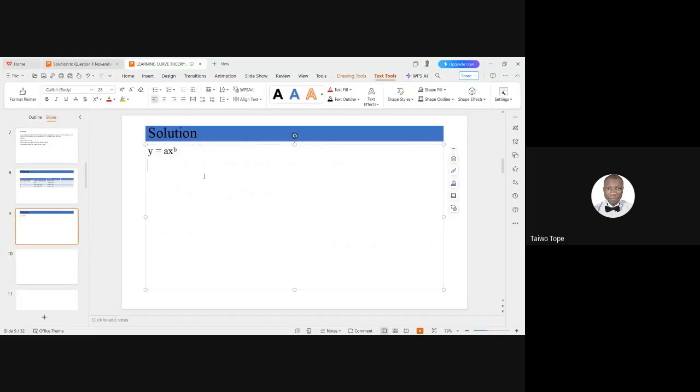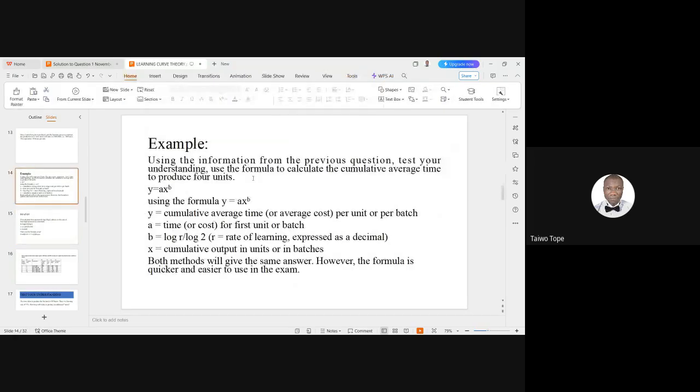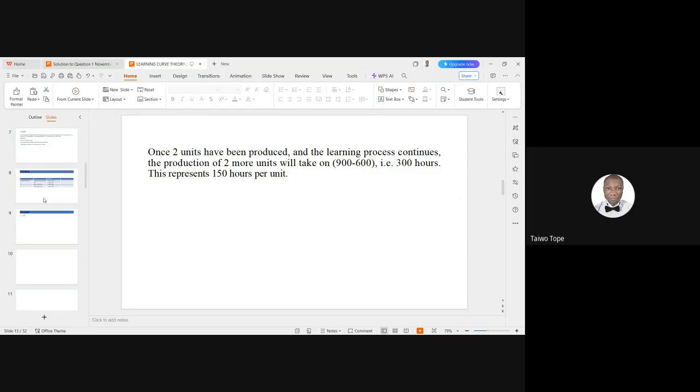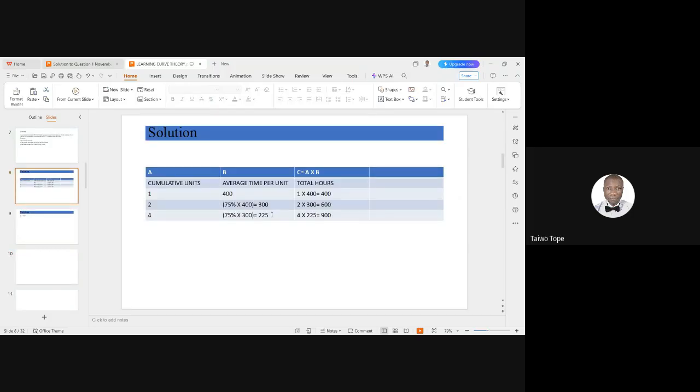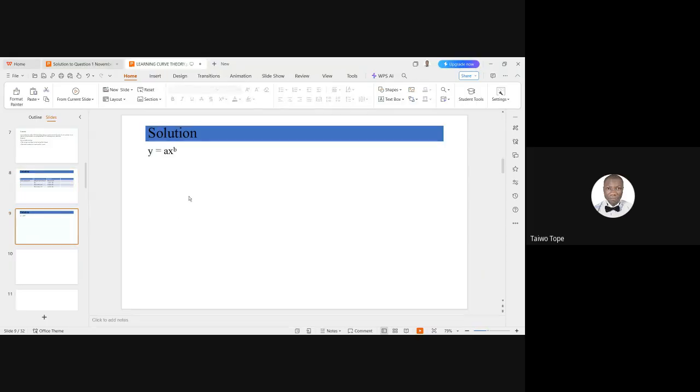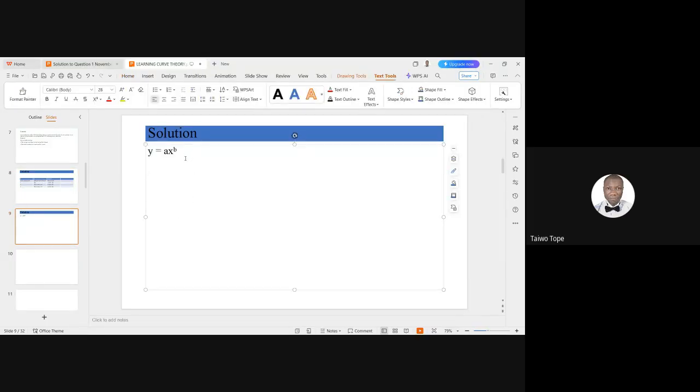So now we need to determine our Y, because the question is asking us to determine the cumulative average time to produce the fourth batch, the four units. Based on our solution, the cumulative average time is 225. So now we want to determine Y.